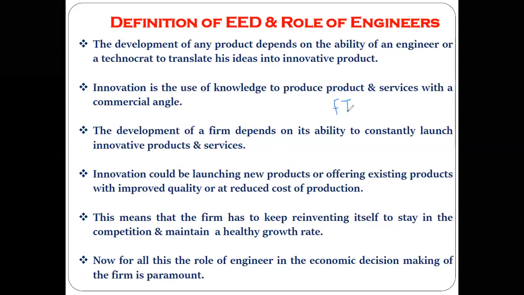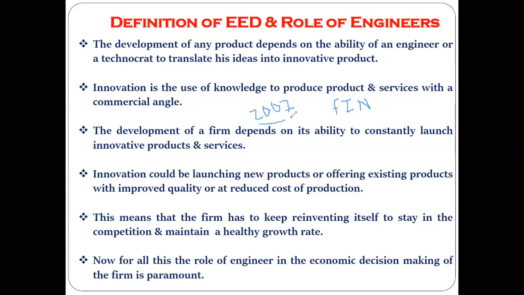Now if you consider the period of 2007-8, if you search about the situation of Nokia in this period, out of 100 people, 80 people were having Nokia mobiles. How many? 80 people out of 100.